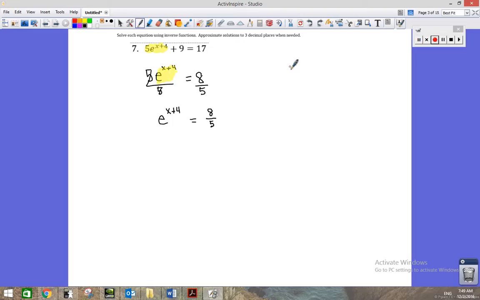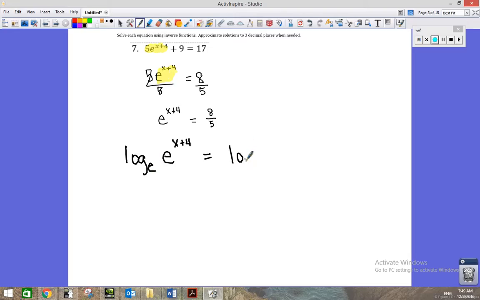We know that the ln, the natural log, has a base of e, but for right now, when I take the natural log, I'm just going to write it as log base e to help you visually see that the justification for that is because now these have the same base.